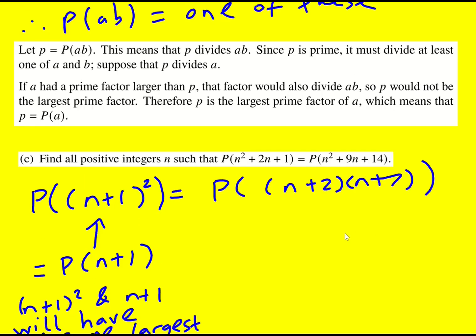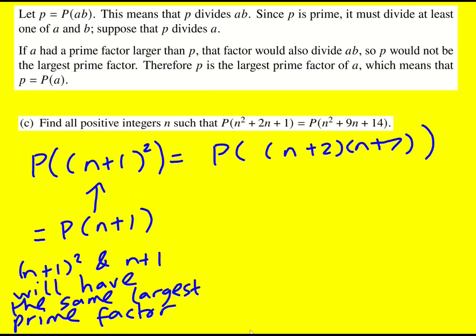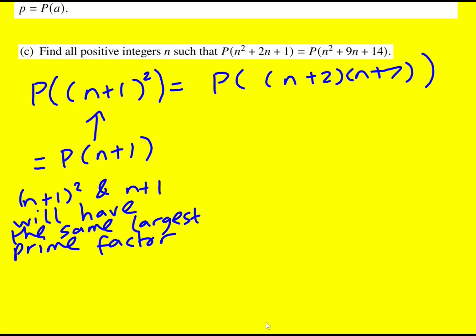Now, let's look at the different cases. We either had the largest prime factor of P(ab) was P(a) or P(b), or that they were the same. Now, what if they're the same?